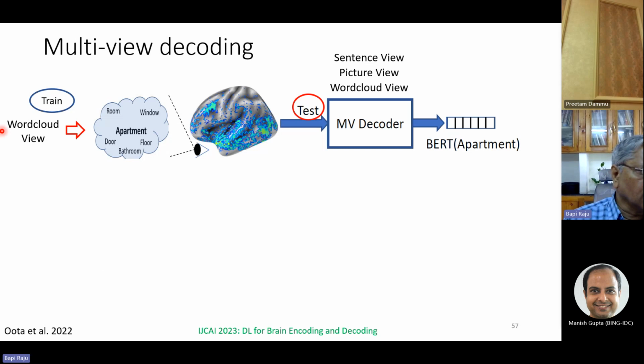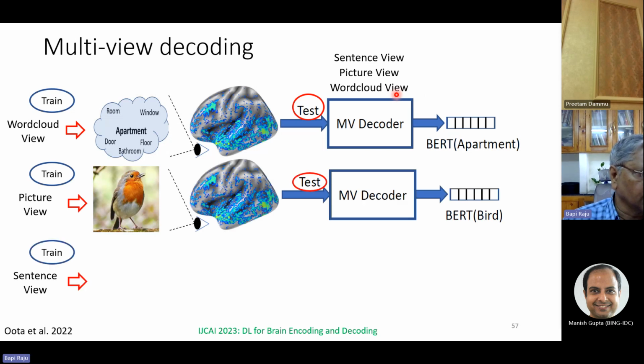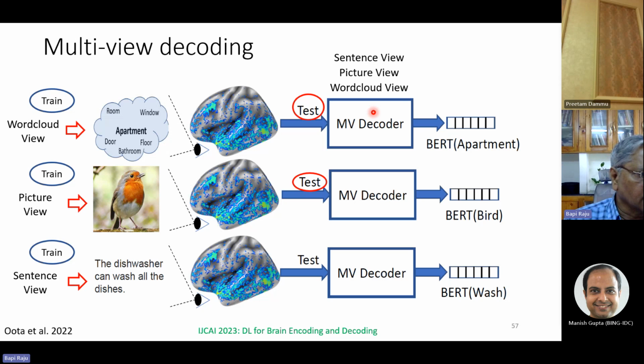How general is the decoding model that you build, how general is it to generate representations that correspond to sentence view, picture view, word cloud view? Similarly for picture view, and sentence view brain data used to decode representations of the other views. We label this as multi-view decoding. This is presented in Colling last year.